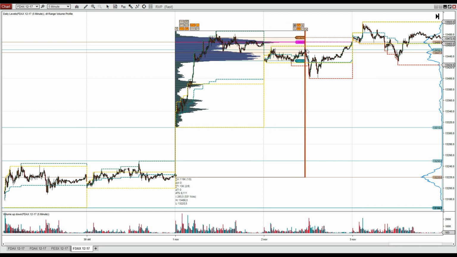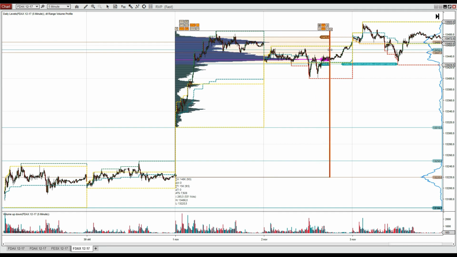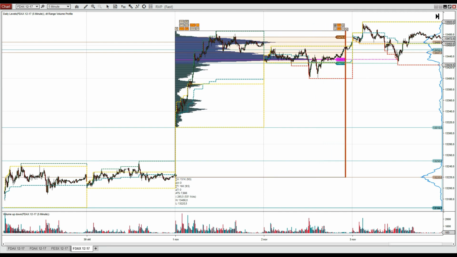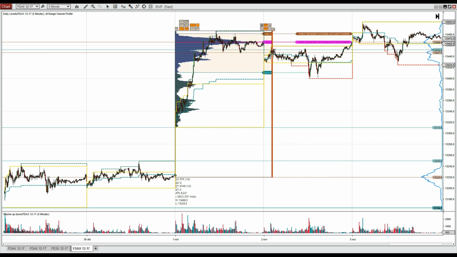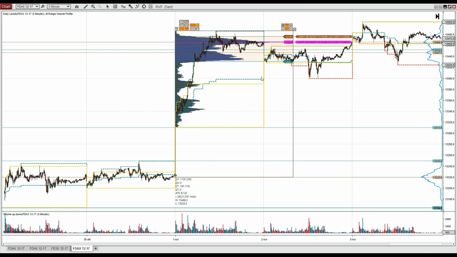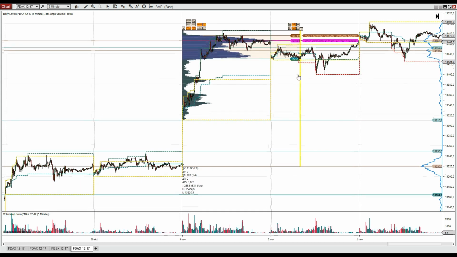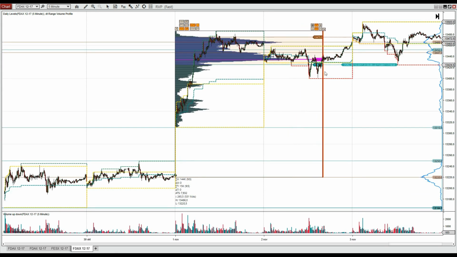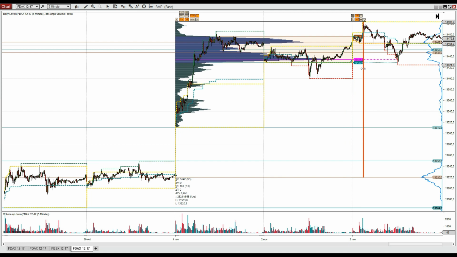Then the next day we confirm that indeed we have buyers up here as well. We basically filled in this lower volume area and confirmed that we had the buyers there.